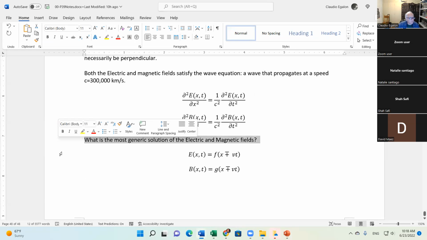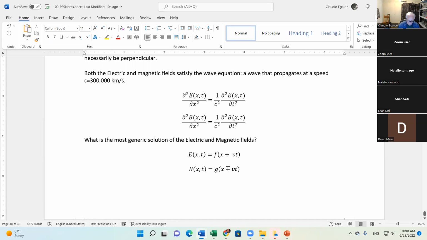So the next question is, what is a more specific solution for the wave equation of the electric and magnetic fields? A more specific solution is the one that I told you before, the very important one, the plane wave.